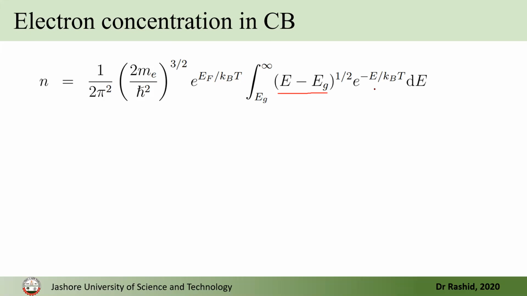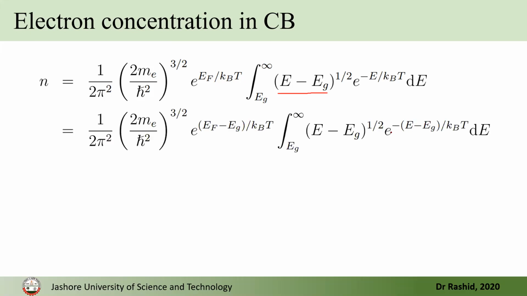So we multiply with the exponential function e to the power EG divided by kVt. So this one becomes like this. And since we need to cancel the EG term again, we add it here. So they together cancel out to give us this equation. So this is the same, but just rearranged.